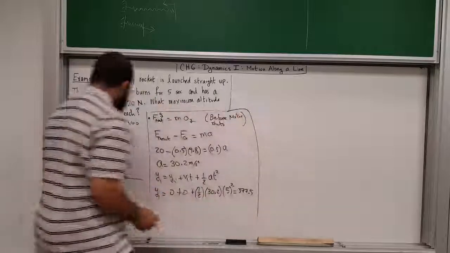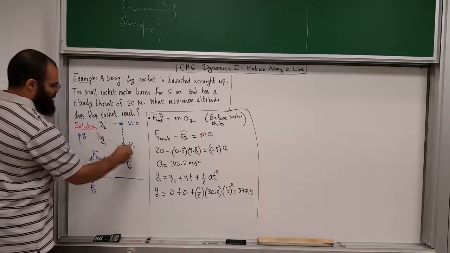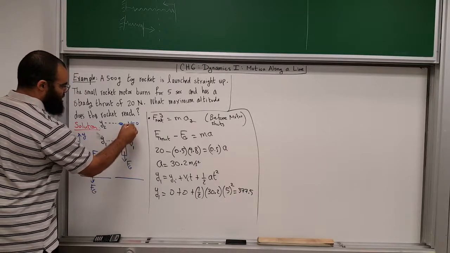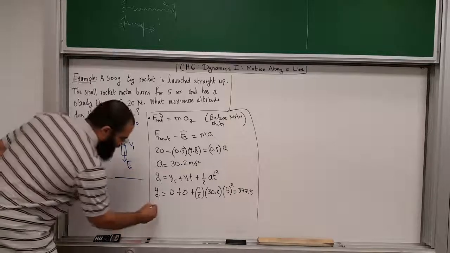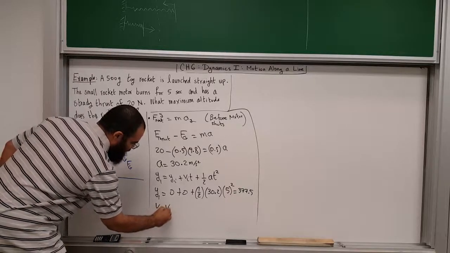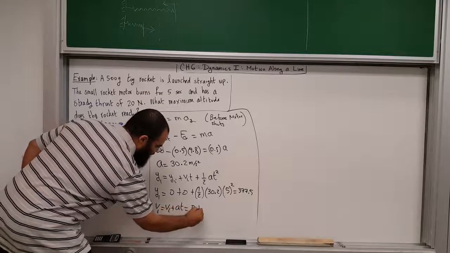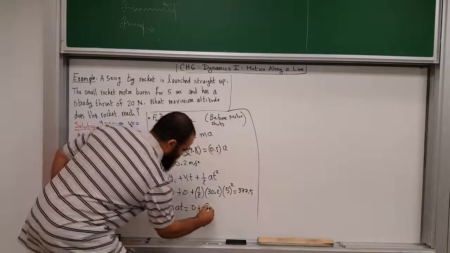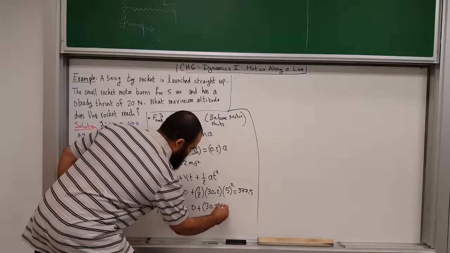And then let's find the speed at this point. Let me call this one V1, and here V2 will be 0. V1 will be V initial plus the acceleration times the time. V initial is 0, the acceleration is 30.2, times the time, which is 5 seconds.